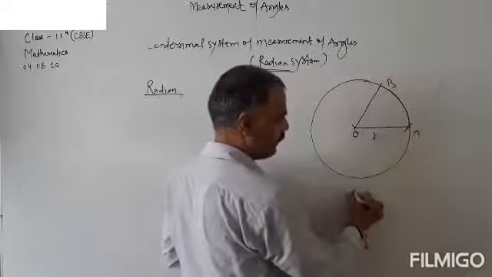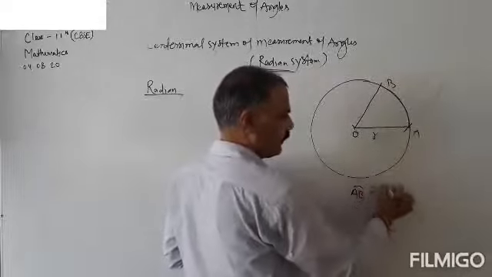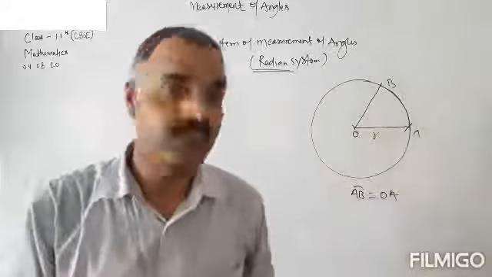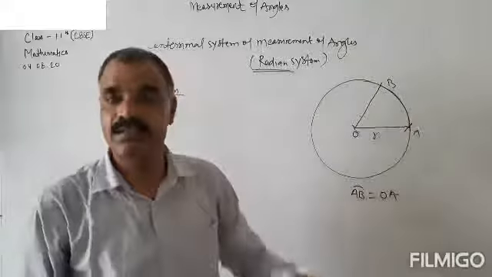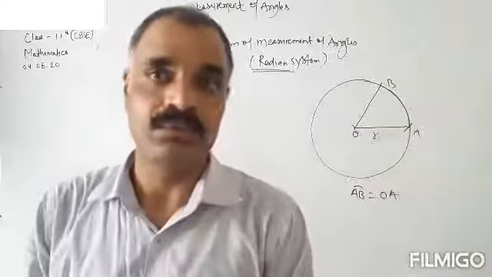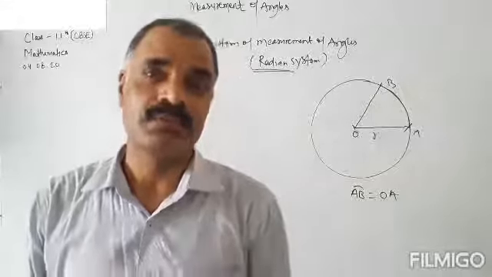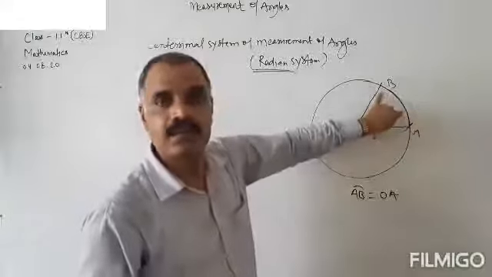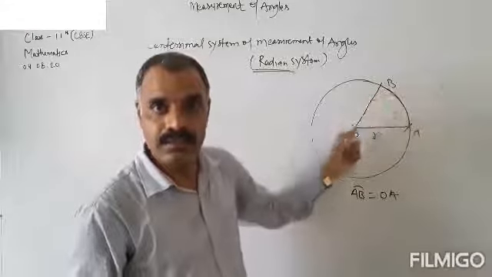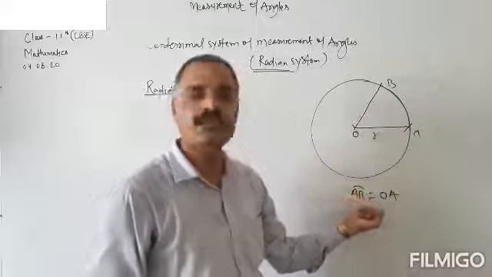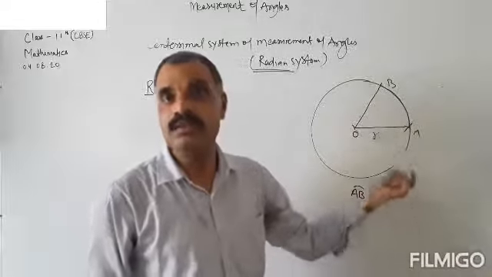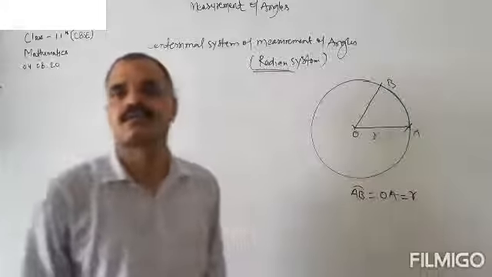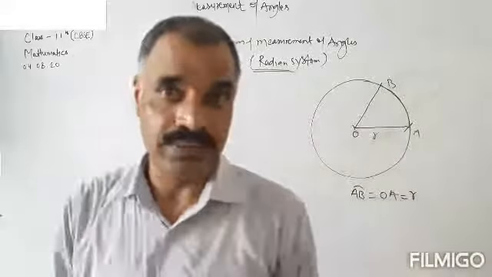Means when arc AB is equal to the radius OA, then the angle subtended by this arc at the center is said to be a radian. This is the definition of the radian.